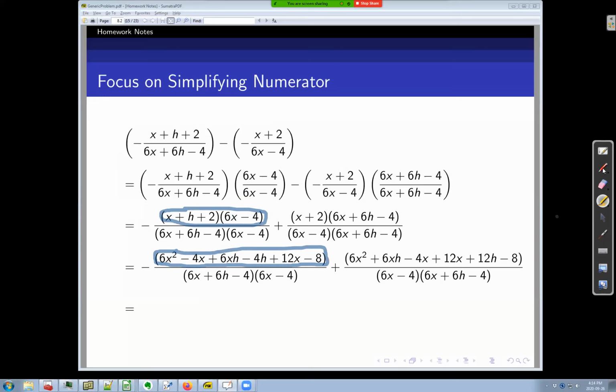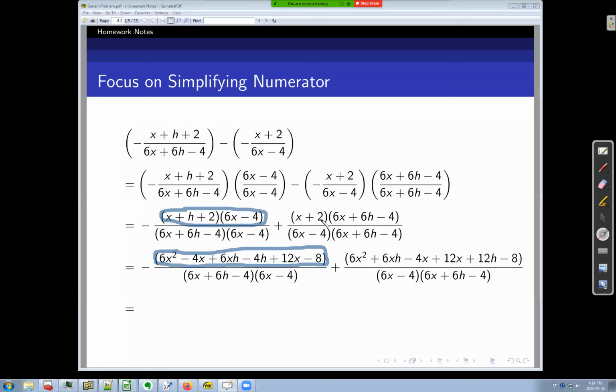And now we have to do the same thing over here. So let's see here. So yeah, x times 6x makes 6x squared. X times 6h makes 6xh. And x times -4 makes -4x.